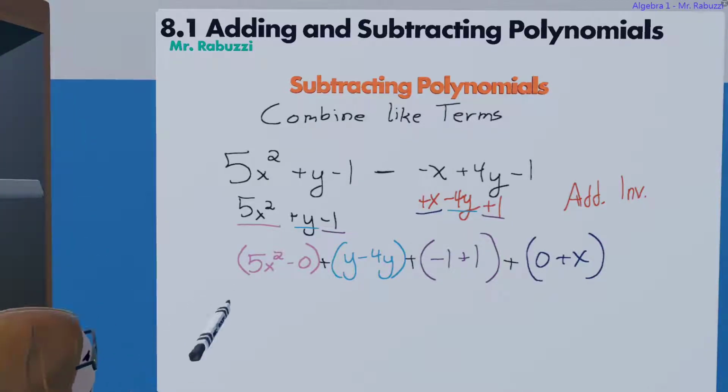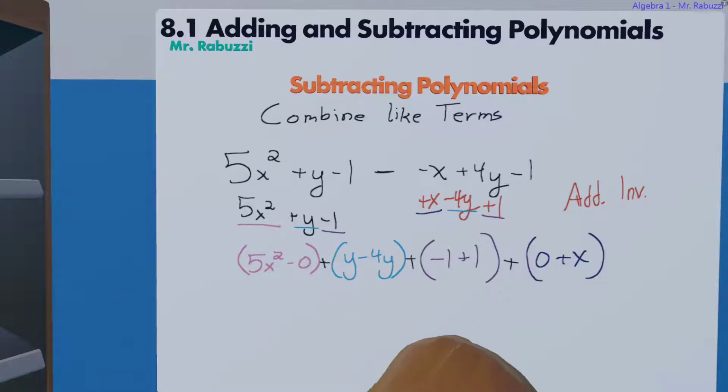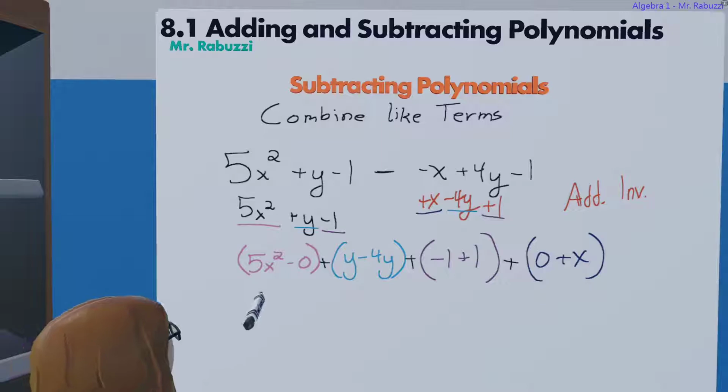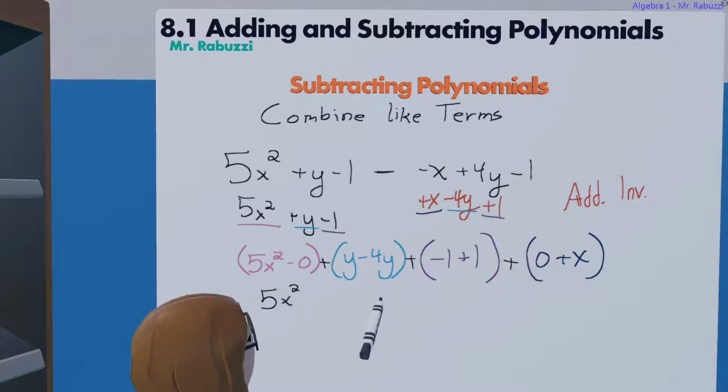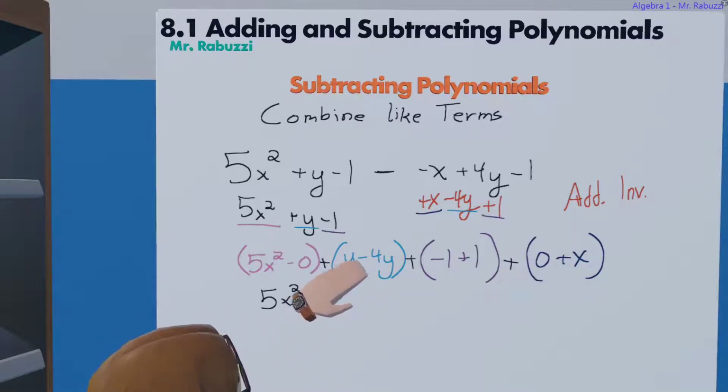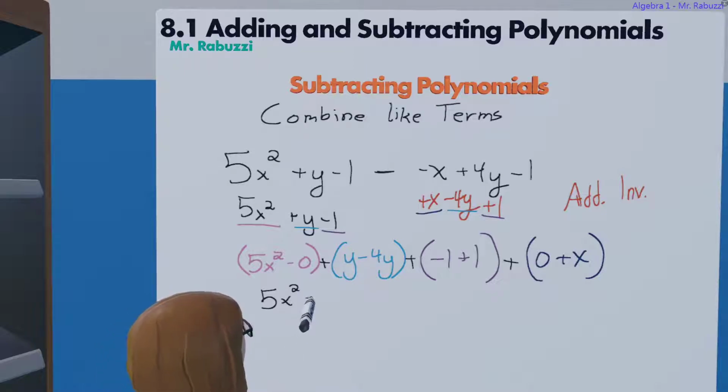Okay, 5x squared minus 0. Well, if you take away 0, nothing changes. 5x squared. Y minus 4y. So we've got 1y minus 4y. So 1 minus 4, that's negative 3y. Because it's negative, we don't bring this plus.